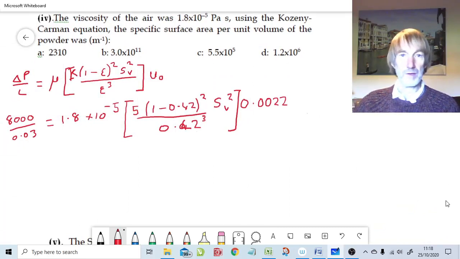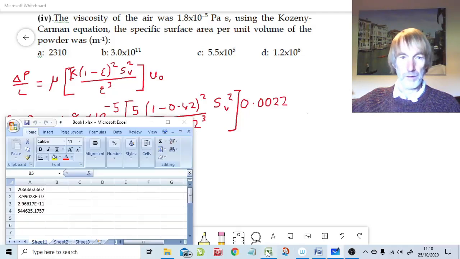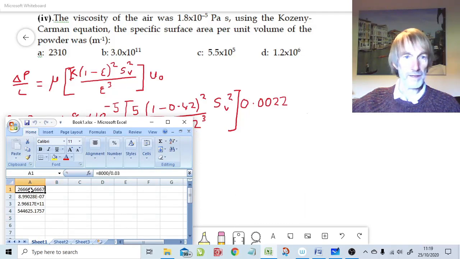Clearly we need to rearrange that equation for SV, and most importantly don't forget to square root. So SV equals, I'm going to make my life a bit easier because I've already popped this into the Excel spreadsheet. So what we have here is delta P over L, 8,000 divided by 0.03.